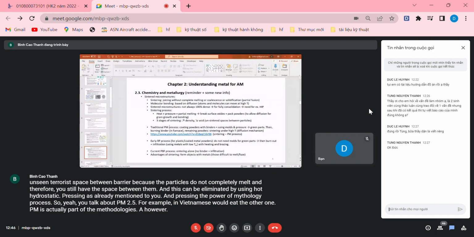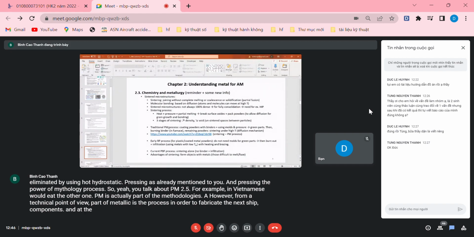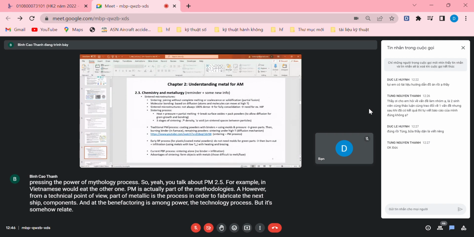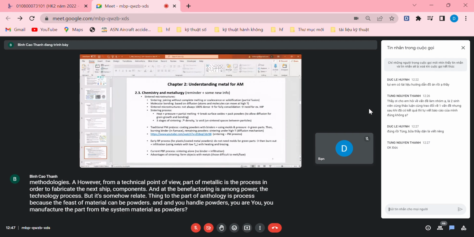However, from a technical point of view, powder metallurgy is a process to fabricate near-net shape components. Additive manufacturing is somehow related to the powder metallurgy process because the feedstock material can be powders, and you manufacture the part from the feedstock material as powders.